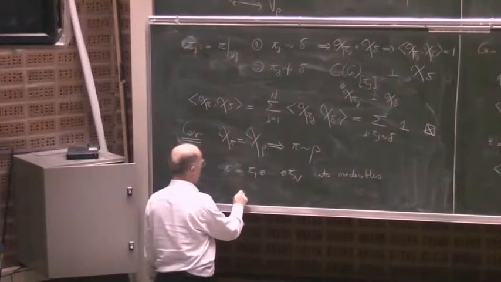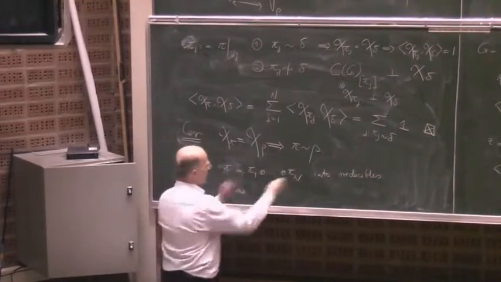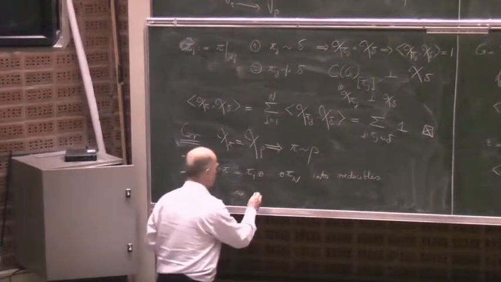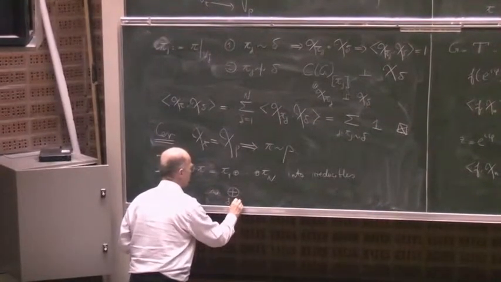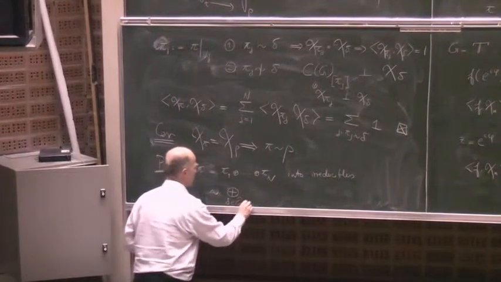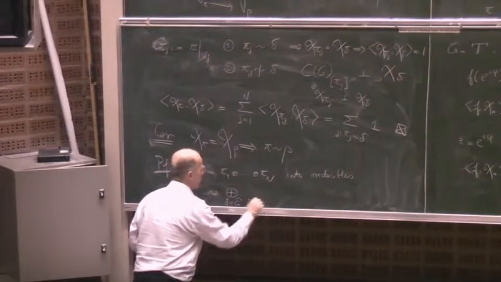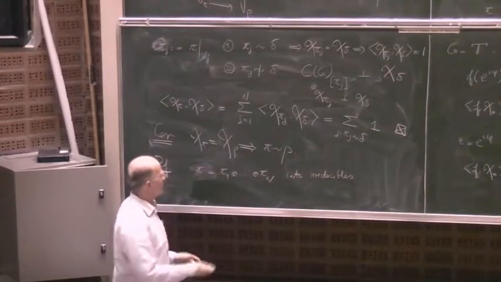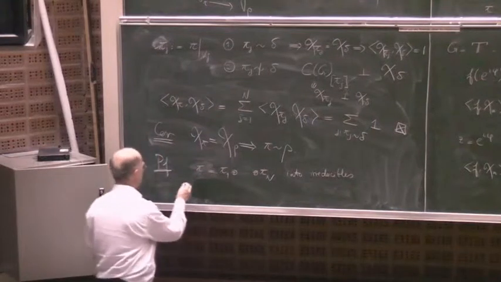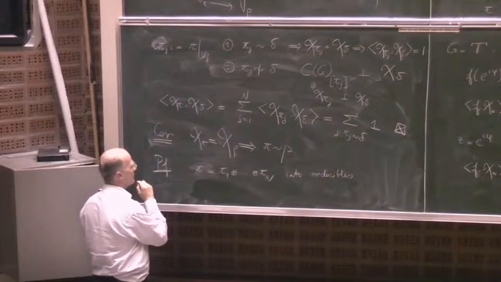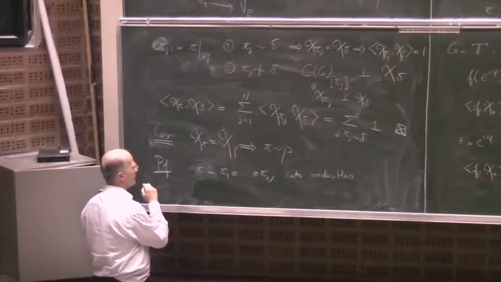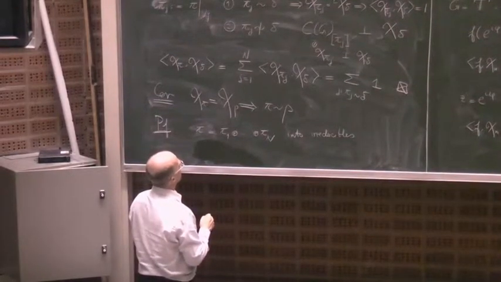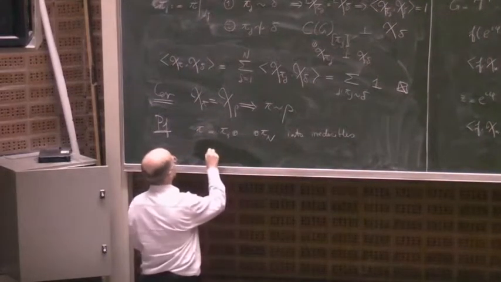Now this direct sum is equivalent to a direct sum of equivalent representations. Let's write this as follows.